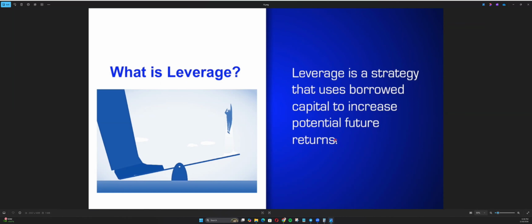When you now have the money, you can come and complete your payments and take the house, right? He is giving you a form of leverage to be able to buy that property. So leverage is using borrowed capital to increase potential future return.